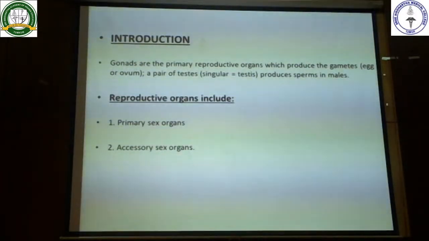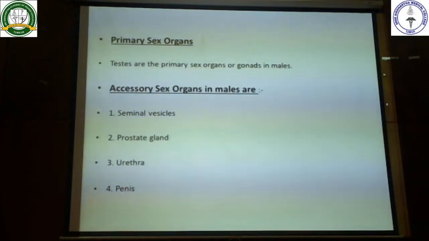The primary sex organs in males are a pair of testes, whereas the accessory sex organs include seminal vesicles, a prostate gland, urethra and penis.